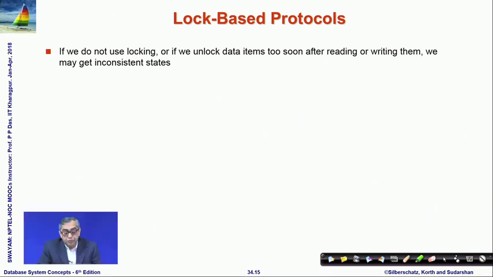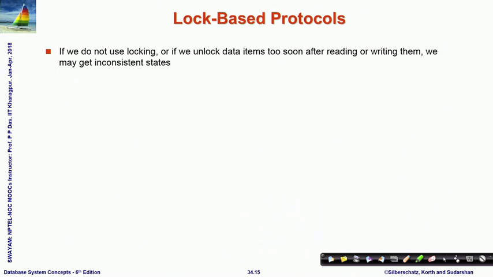So, we wanted to use locks to get better control on serializability and so on, and it was partly possible, but then we are getting into other kinds of problems. If we do not use locking, or if we unlock data items very early, after reading or writing them, then we may get an inconsistent state.